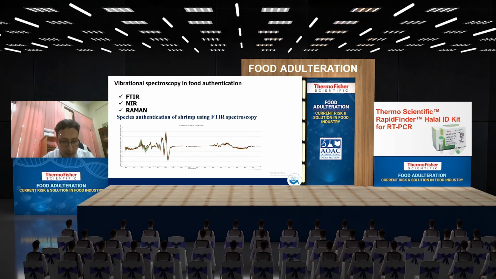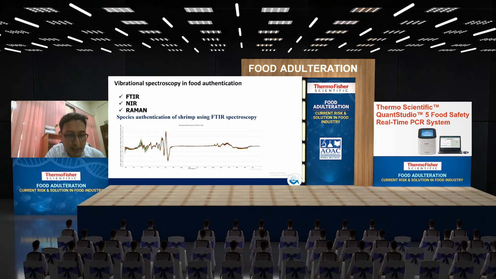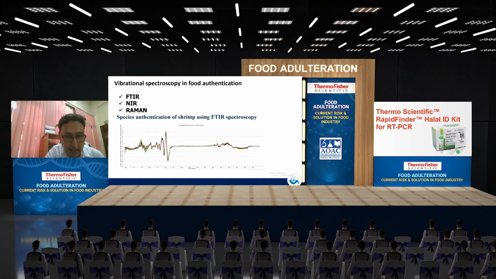To a chemist, this looks like a spectrum where they get chemical information, but to a bioinformatician or a statistician, these are data points. This FTIR spectrum can be exported as data points, and with those data points you can do a lot of machine learning and chemometrics modeling. So with this FTIR data, we developed a couple of models. Can I have the next slide?